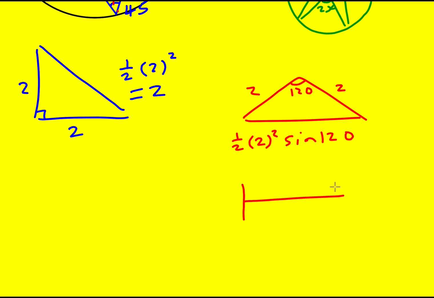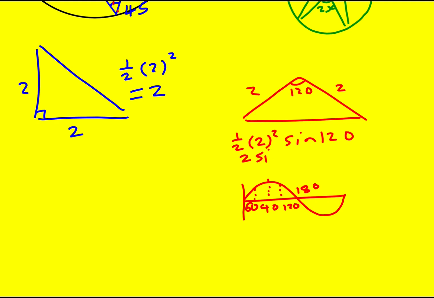So let me talk a bit about it. Okay, the sine graph looks like this. This is 180. This here is 90. Now there is symmetry for the sine graph, which means that sine 120 is actually, because it's 30 away from 90 and there's a line of symmetry here, then it's actually going to be the same as sine 60.